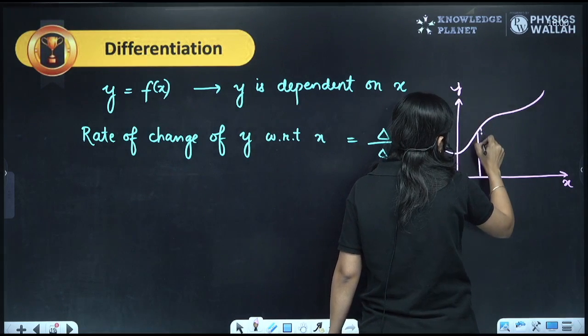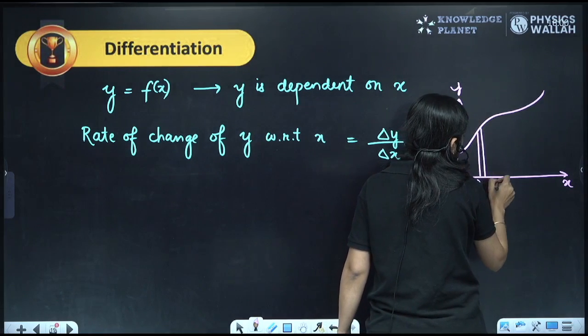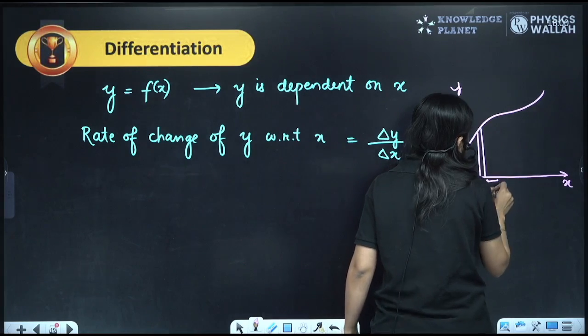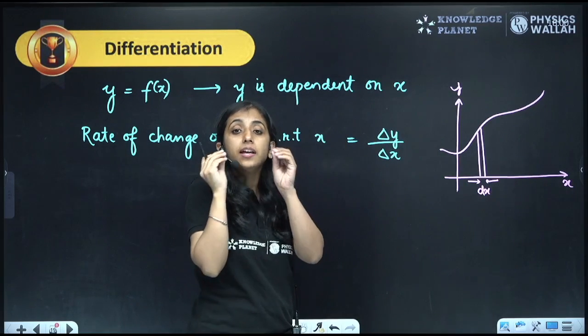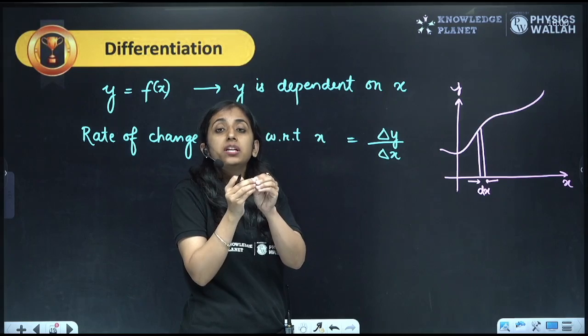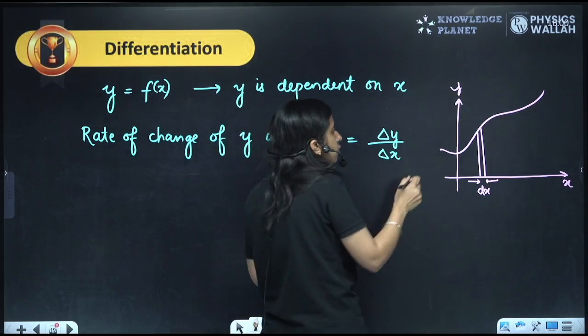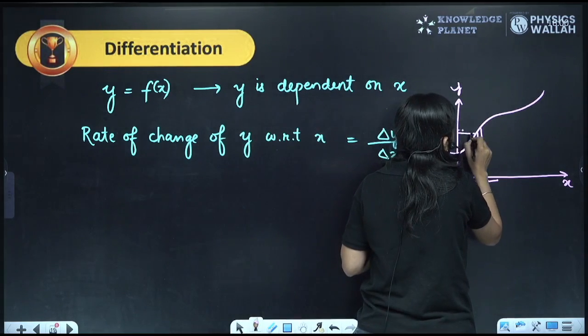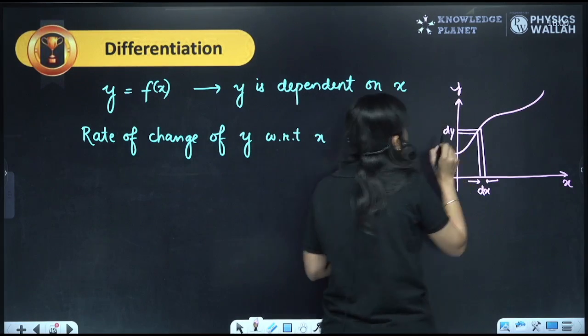I will take a very small interval, such that this dx is almost infinitesimally small, almost zero, negligible, and we have the change in y as dy.